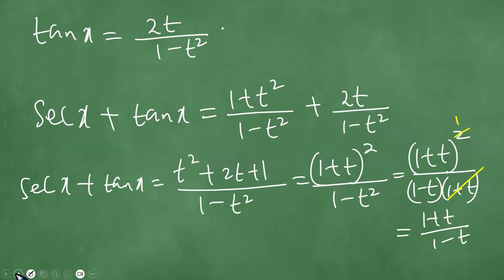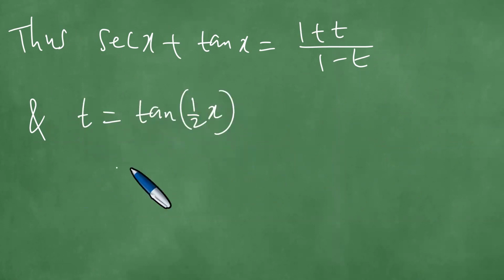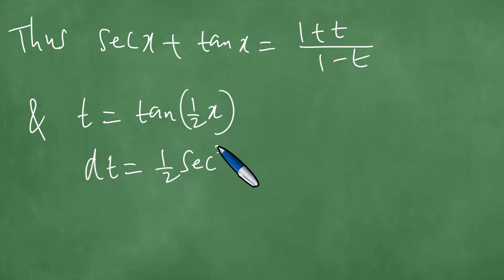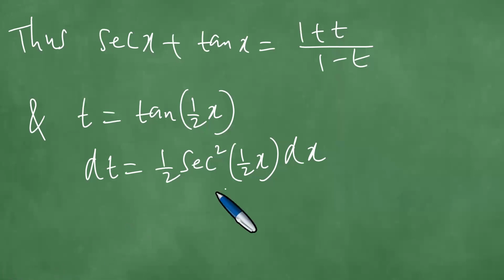So by the suggested substitution, dt is 1/2 the secant squared of 1/2 x dx. So what is dx now? It is dt over this part.